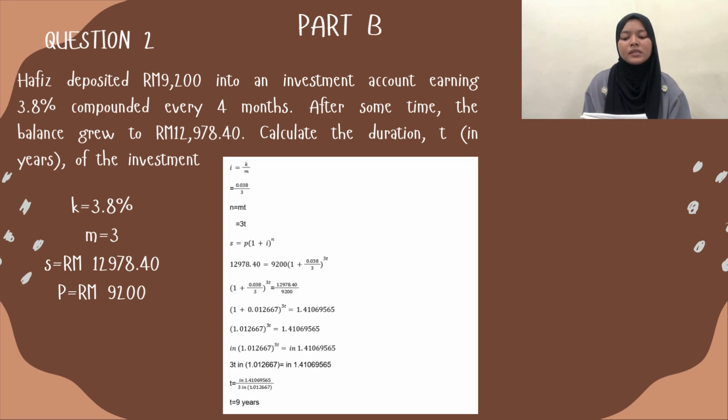We move 3 times T in front of the ln, so it will be 3 times T ln bracket 1.012667 end of bracket equals ln 1.41069565. The last step is T equals ln 1.41069565 per 3 ln bracket 1.012667 end of bracket. So it will be 9. The final answer of this question is 9 years.